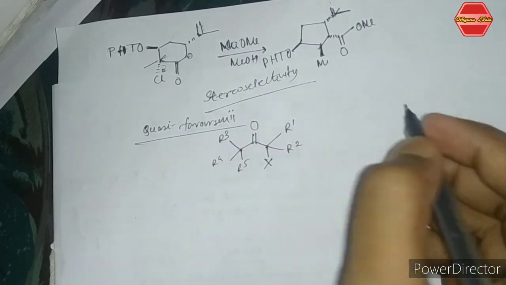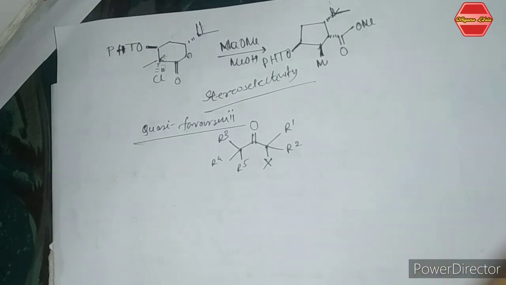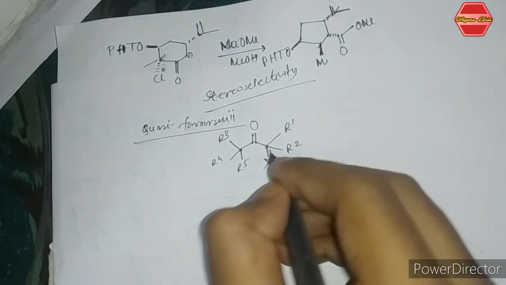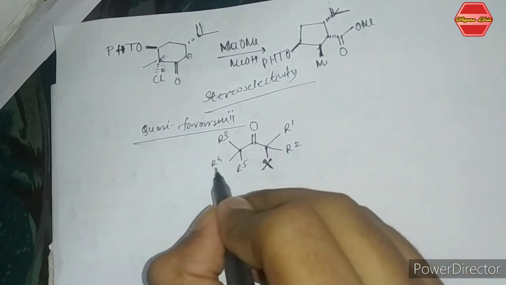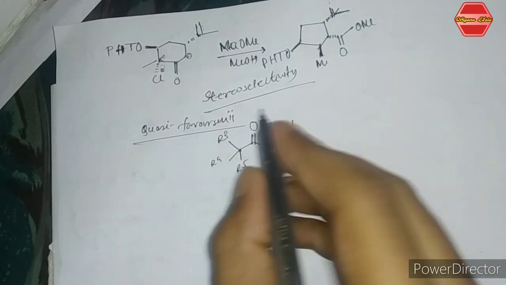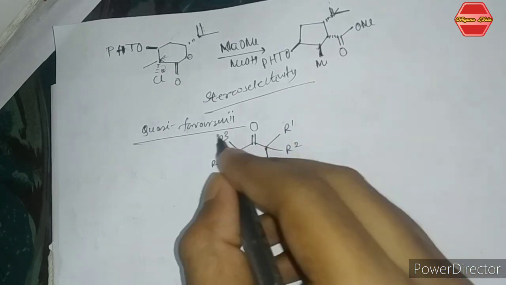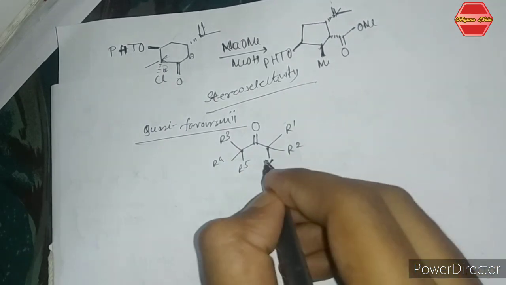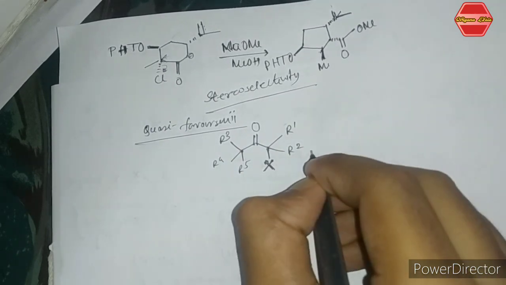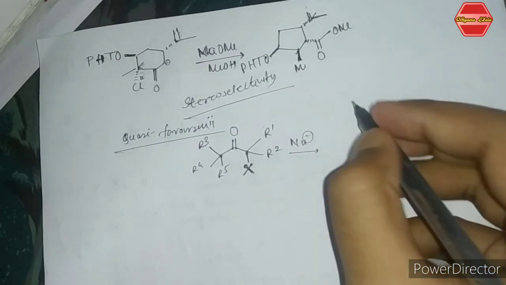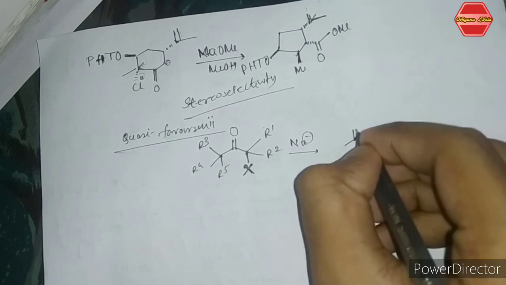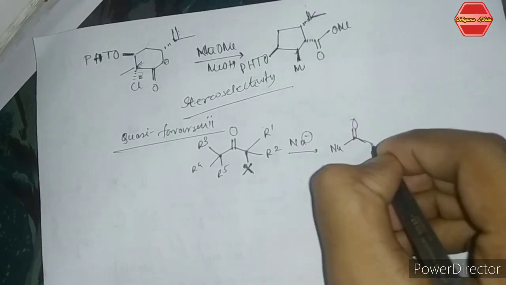Now see, I already mentioned that in the Favorskii reaction there is a presence of acidic hydrogen. But if there is no acidic hydrogen, like here these two are alkyl groups, so no acidic hydrogen, and this is the leaving group X, or a kind of halide, and if you give a nucleophile like this, there is a type of rearrangement, and you get this type of product.